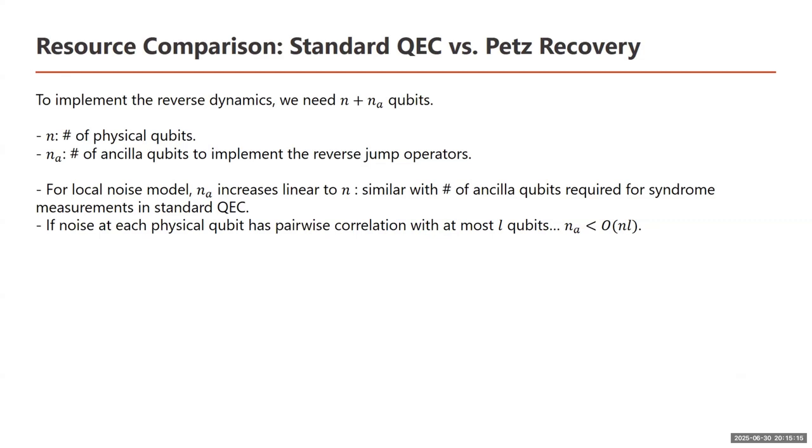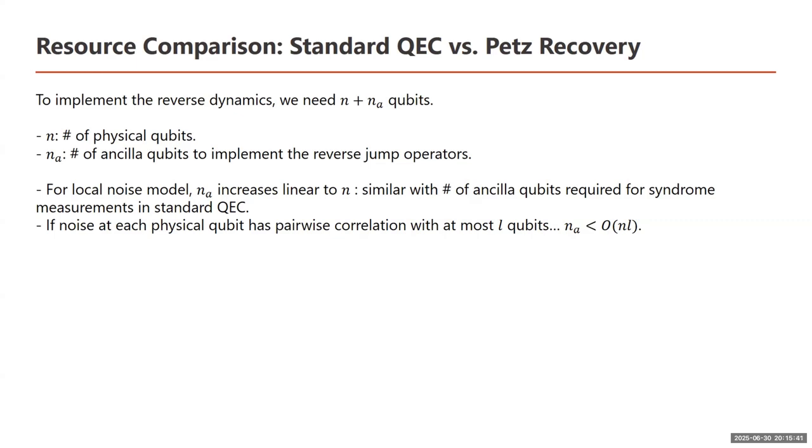I will also show it later on this page. For a local noise model, it is known that N_A increases linearly with n. So it is similar to the number of ancillary qubits required for syndrome measurements in standard QEC.